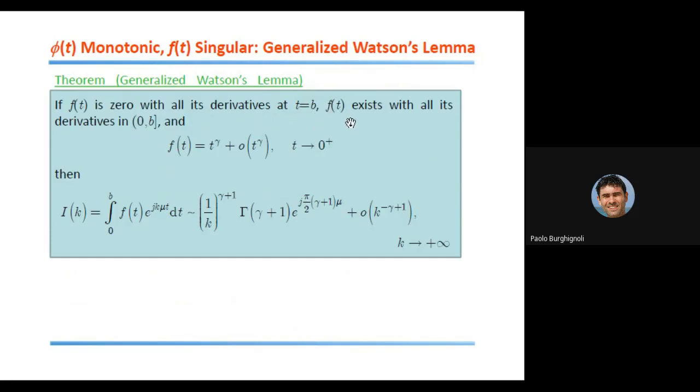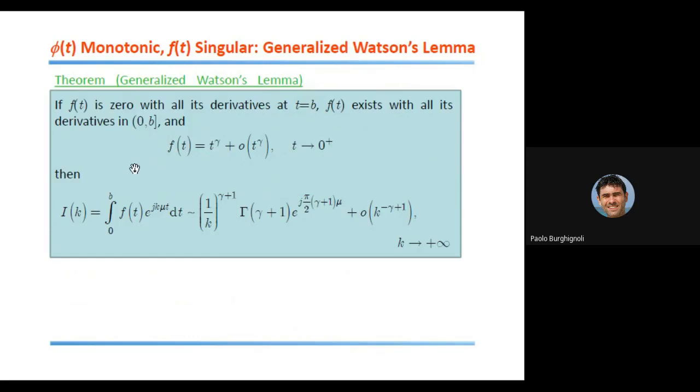Now we will assume that the function exists with all its derivatives in the integration domain from 0 to b, with the exception of the endpoint 0, and that in a neighborhood of this endpoint, the following asymptotics holds. So our function f can be approximated by a power of t with the exponent gamma.